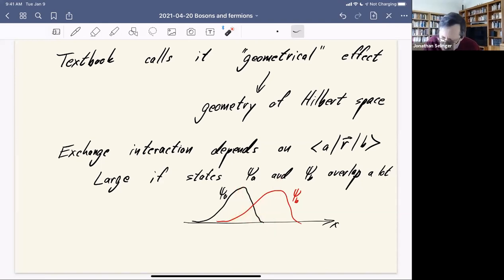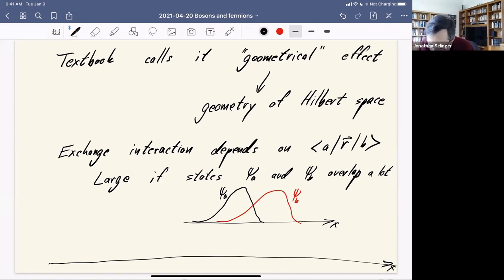By comparison, if you have a situation, say, where there's an electron in Kent and an electron in California, so let's say here is an electron in Kent, and over here is an electron in California, the overlap is hardly any.